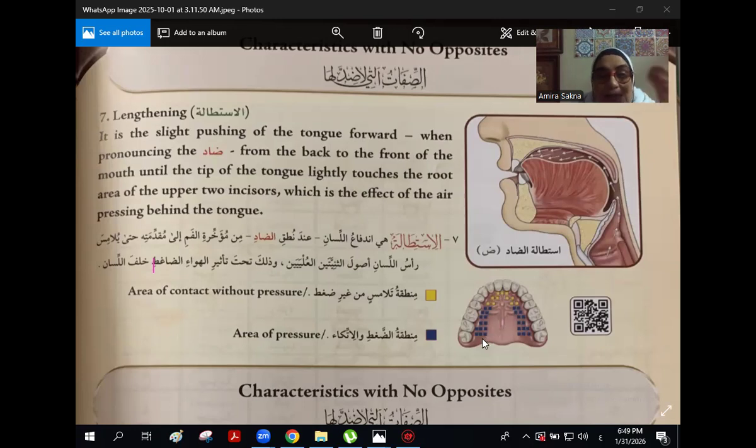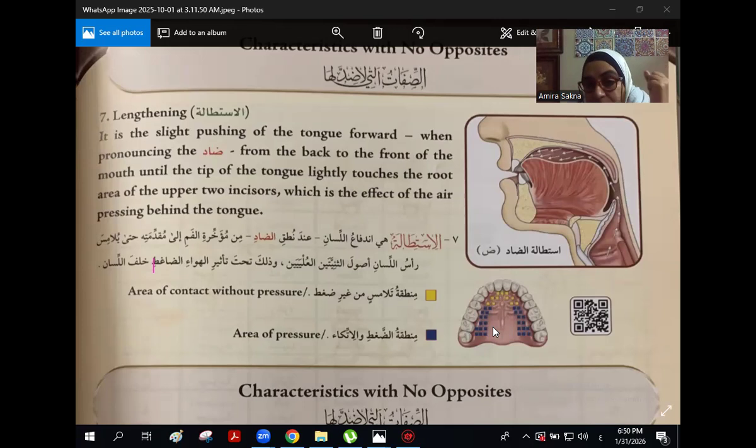So istitala means that there is a slight pushing of the sound, starting from the back of the mouth to its front. And this happens because of the air which is compressed in this area, the area where I'm making pressure. In this area, there is strong air, and it's compressed.